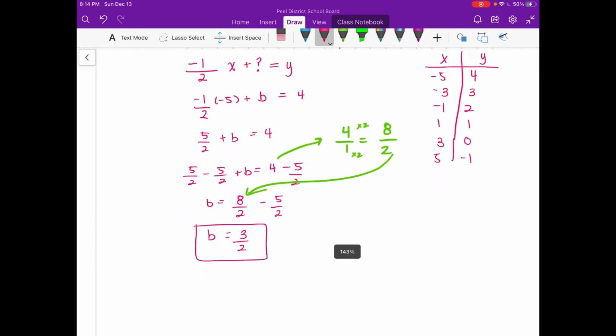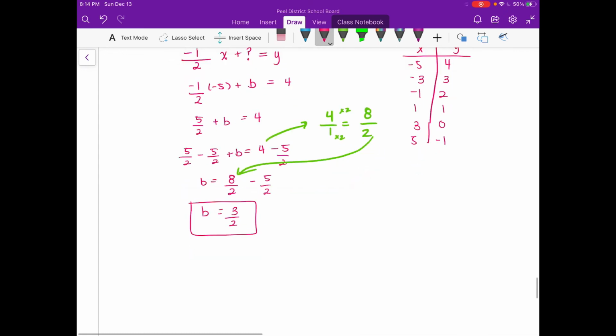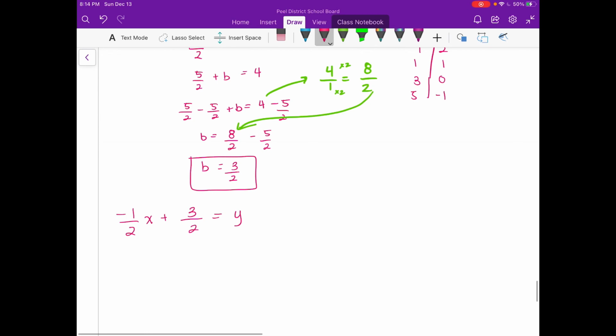Right? So, let's see if this works. What if I did negative 1 over 2 x plus 3 over 2 equals y? Does it work for all of them? I'm going to make this in a way that it is decimals. So what if I did negative 0.5 times x plus 3 over 2, which is just 1.5, equals y.